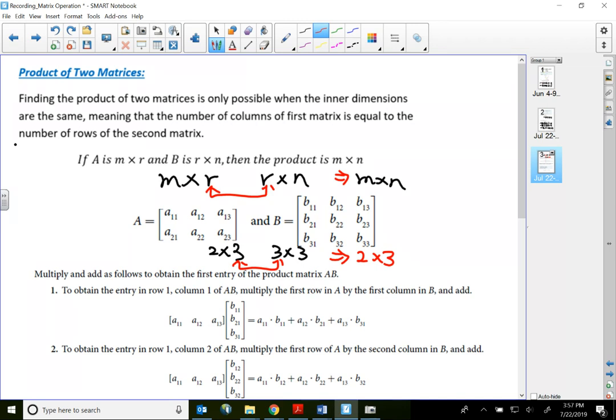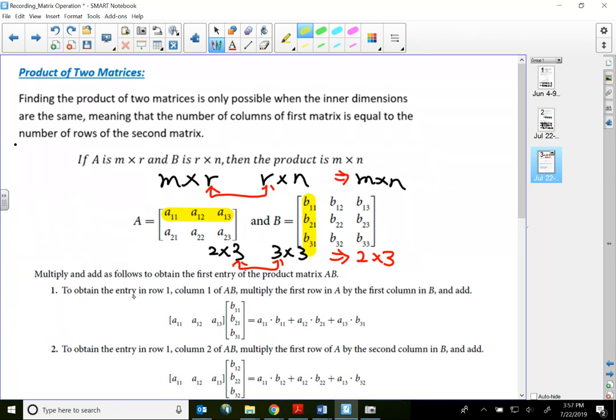Now, the way you do it, it's very important that you know what the dimension is of the resulting matrix, because the way we actually multiply, you always think about row and column. That's why I did the introduction of matrix. The way we read it is always by row and column. So when you multiply, you think about the first row with the first column.